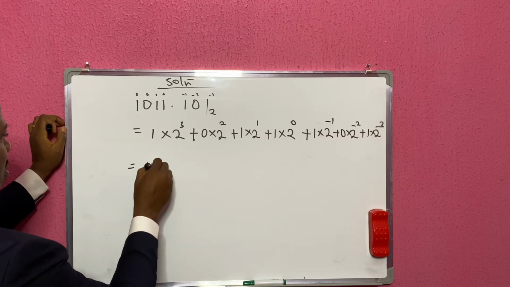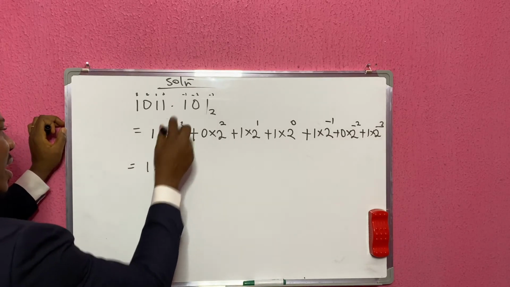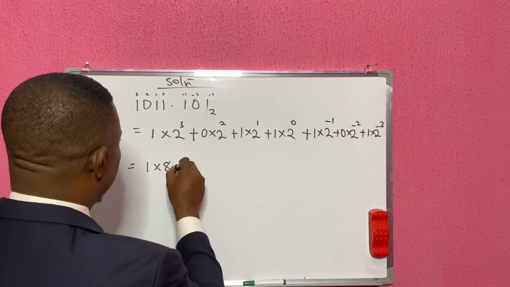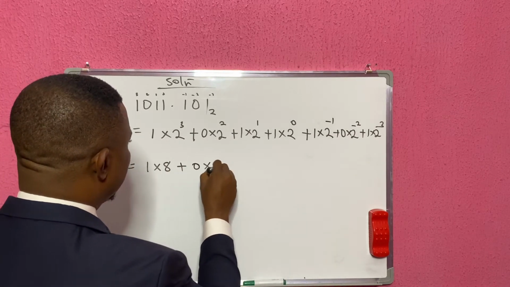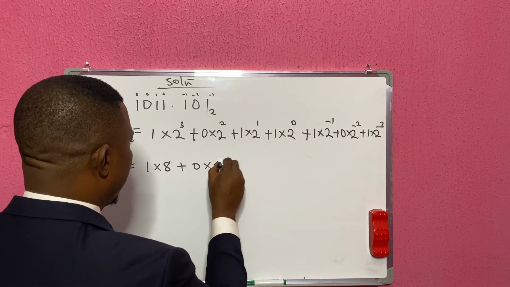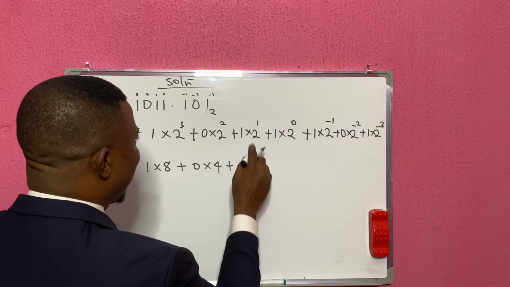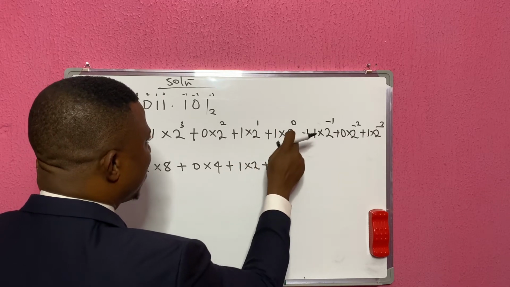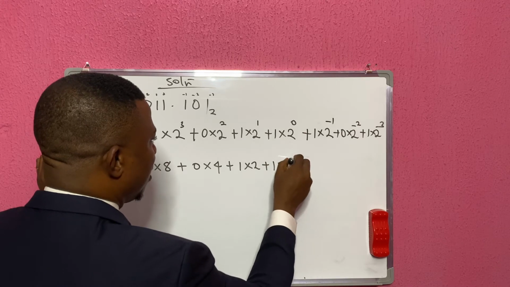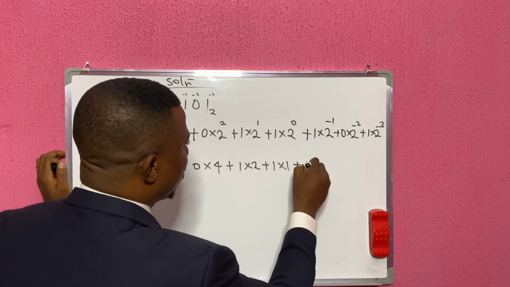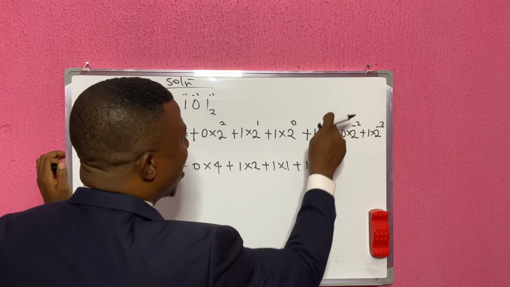Equals 1 multiplied by 2 power 3 is 8, 2 times 2 times 2, plus 0 times 2 power 2 is 4, plus 1 times 2 power 1 is 2, plus 1 times 2 power 0 is 1. Anything raised to power 0 is 1. Plus 1 times 2 raised to power minus 1.